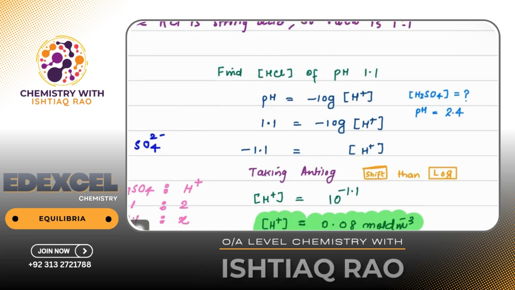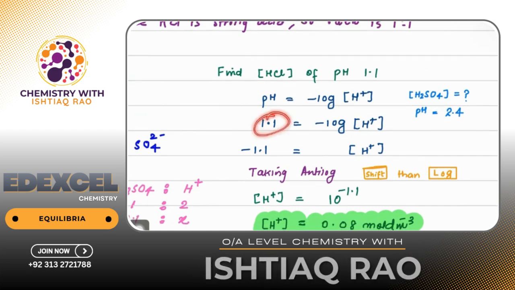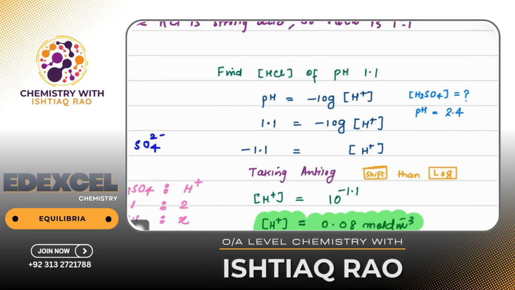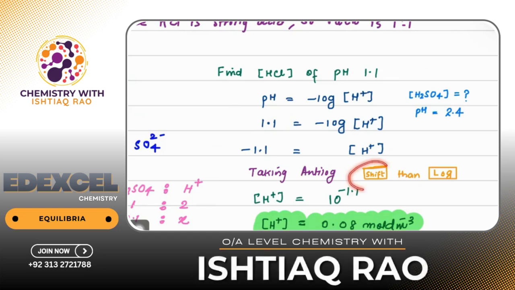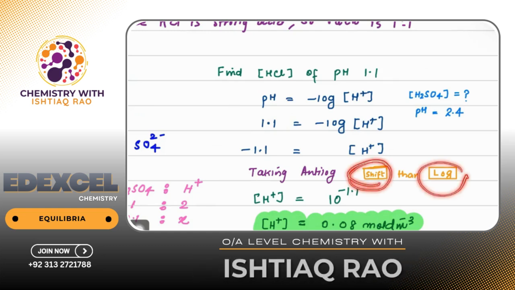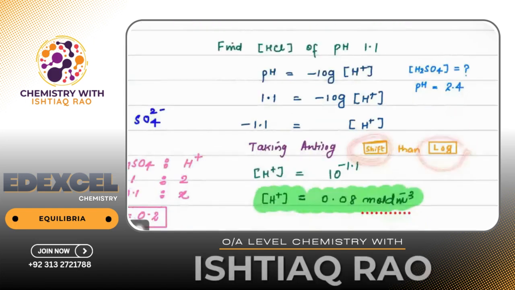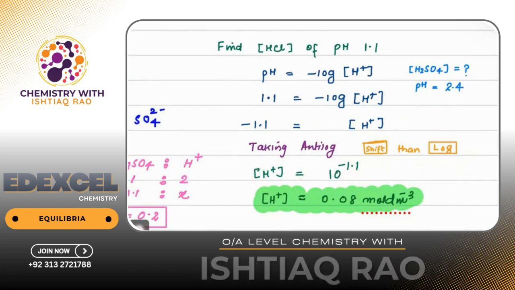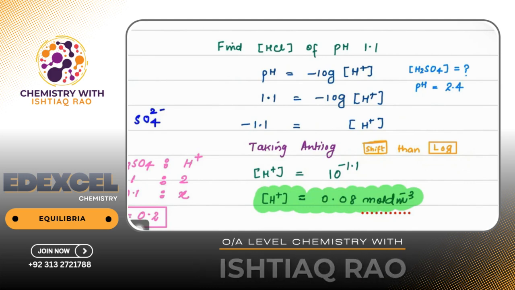So I have put 1.1. Then I press the shift button and then log, and it's going to give you anti-log. I take the anti-log of negative 1.1, and it gives you the concentration of H positive ions. So we can do reverse calculation as well, depending on what the examiner is asking.